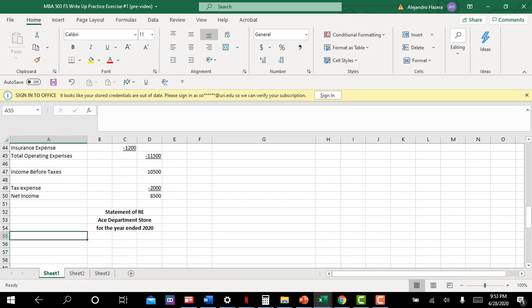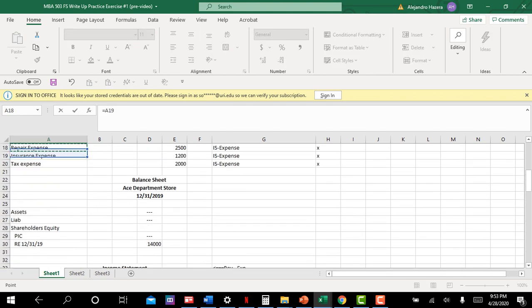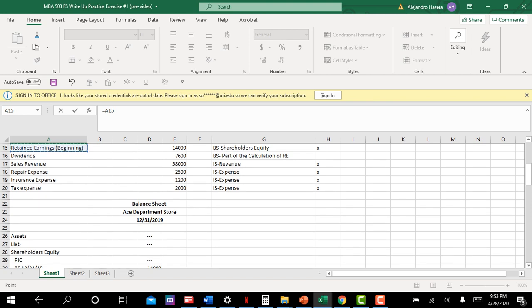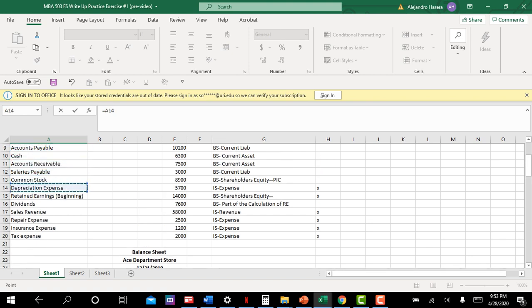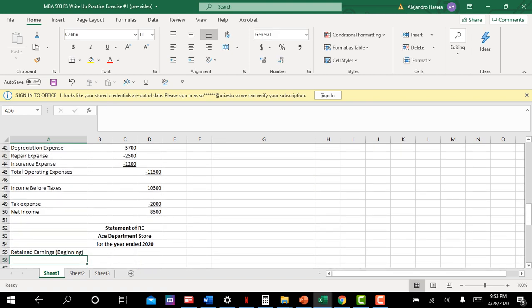Okay, so I'm going to type in my beginning retained earnings. I'm just going to make it equal to this number right here. Those are my beginning retained earnings.